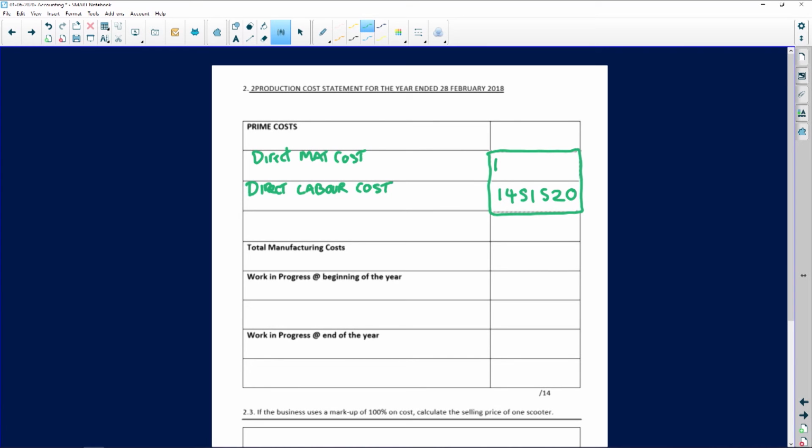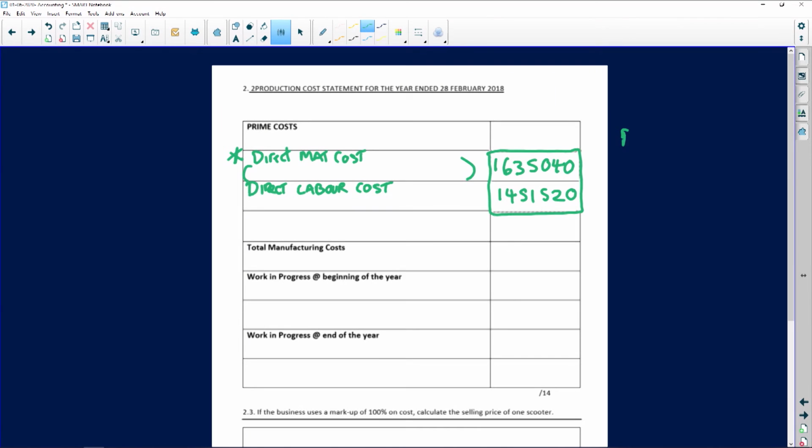1,635,040. And again, you're either showing your calculations in brackets, or you're telling the examiner exactly where your calculations are. So remember, guys, generally try and do your calculations on the same page as the question.